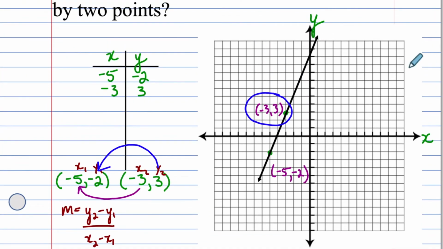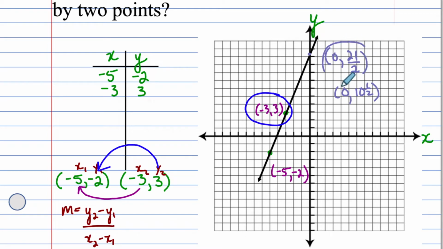Let's see if that answer makes sense. 1, 2, 3, 4, 5, 6, 7, 8, 9, 10.5. Yeah, there it is. The y-intercept then is (0, 21 over 2), or we could also write it as (0, 10.5) as well.